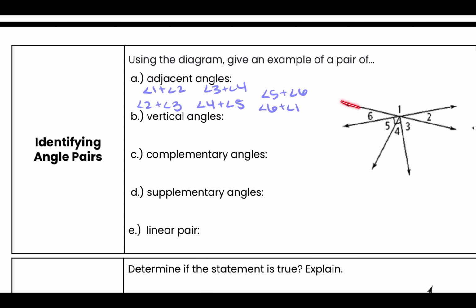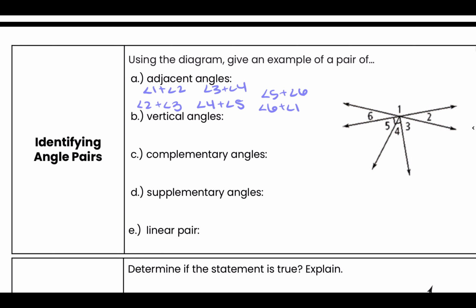See how as you go around, each of these shares a side. So all around the circle, as long as they share a side, it's a pair of adjacent angles.